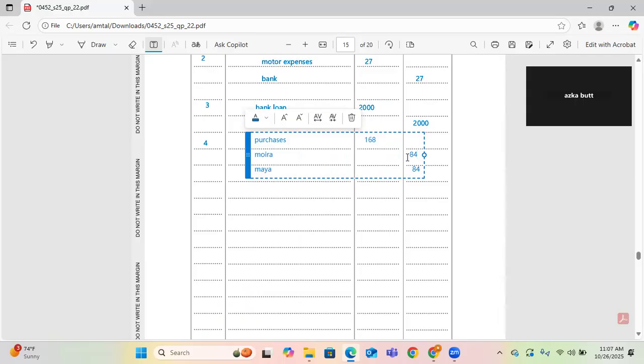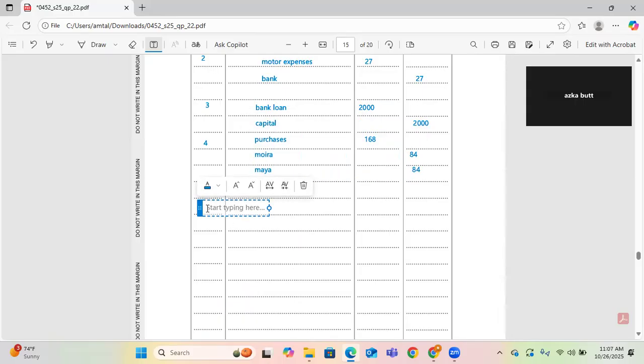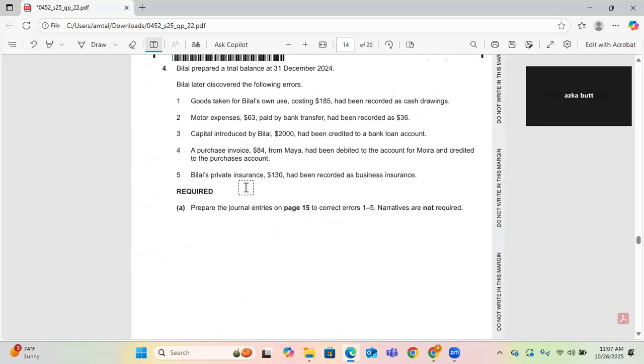And now let's discuss the fifth error. Bilal's private insurance, $130, had been recorded as business insurance. Okay, so that was Bilal's private insurance, so that is basically drawings.